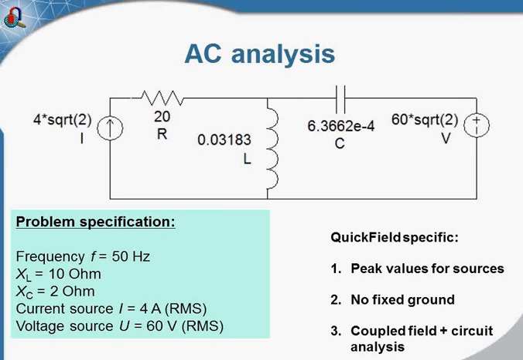And before we begin, I would like to outline some QuickField specifics. In QuickField, in electric circuit, you should specify the peak values. So here you can see the square root of 2. Second, there is no fixed ground connection in the electric circuit. So you can calculate for each element the electric current passing through the element and the voltage drop between element terminals.